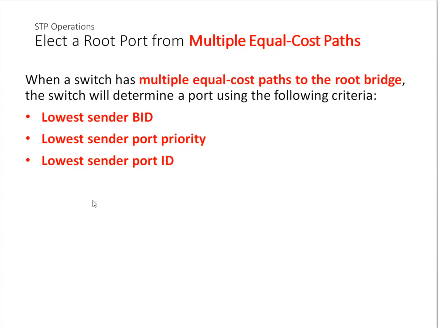In that case, how are we going to select the root port? If the cost value is the same, you have to go for the BID, that means the bridge priority, or the sender port priority, or the lowest sender port ID. So you can use any of these 3 things to identify the root port in case you have multiple equal cost paths.